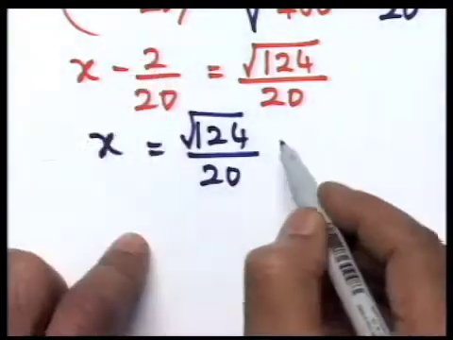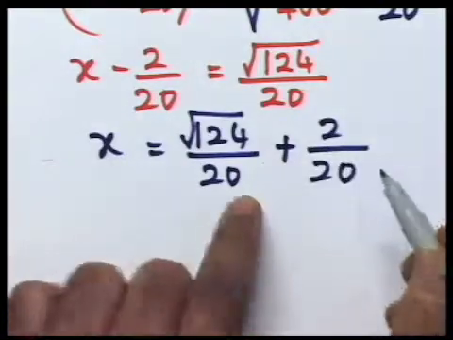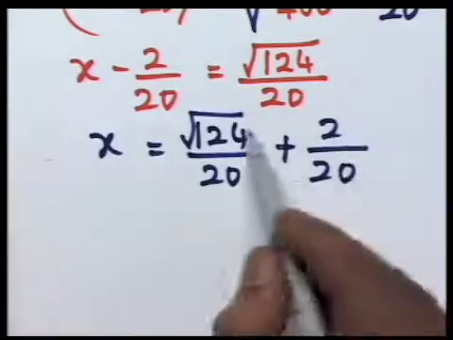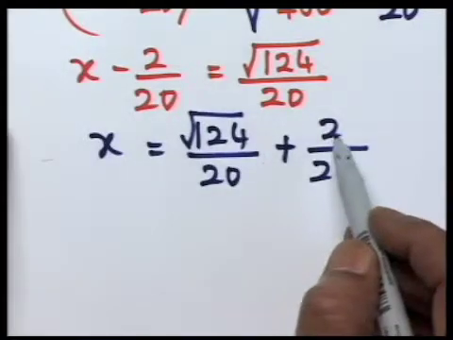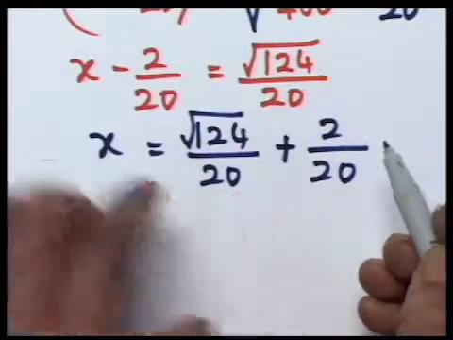The minus fraction will become a plus, so it will be 2 over 20. That's the reason I said denominators are same, so it's easy to solve your question. Even if the examiner says you must express your final answer as a fraction, it's quite handy to have those two denominators same, right?